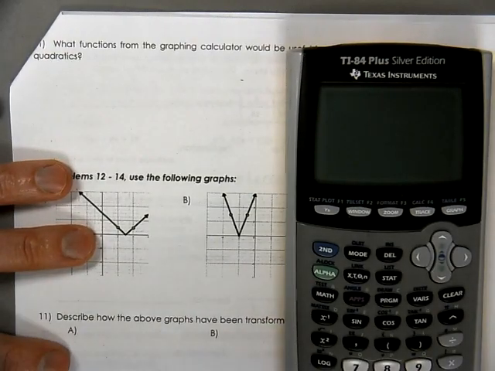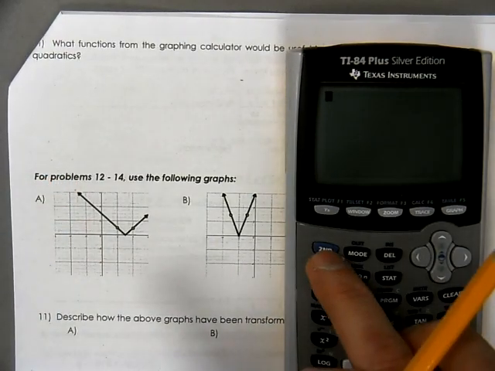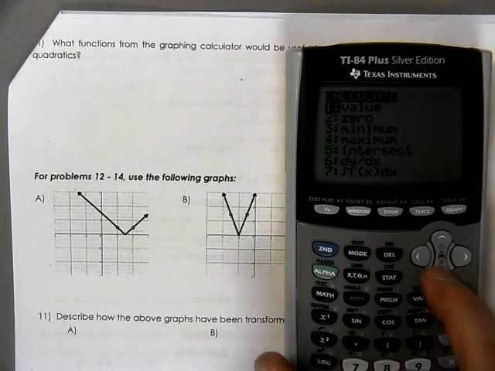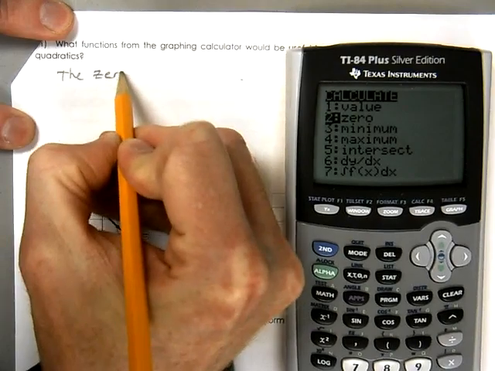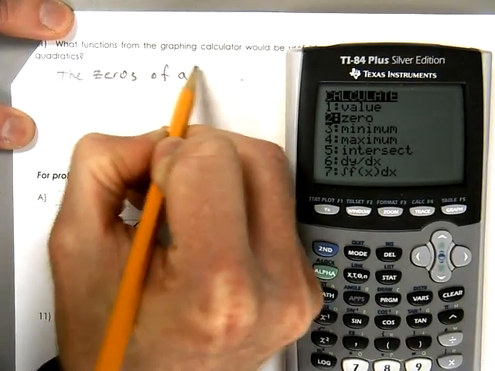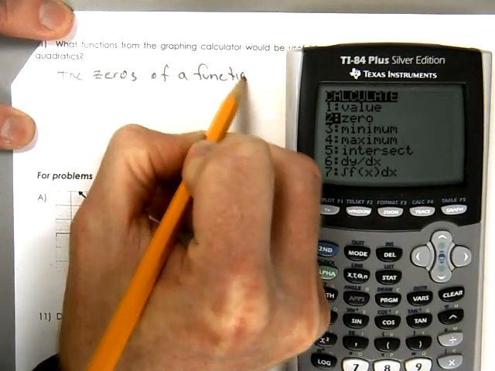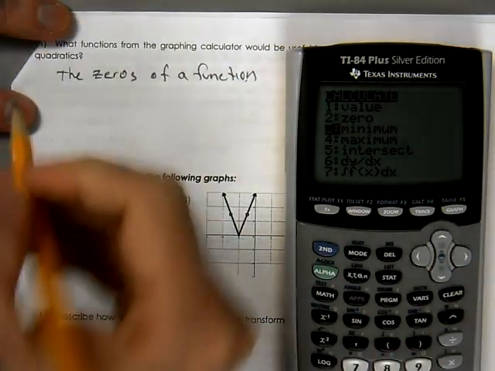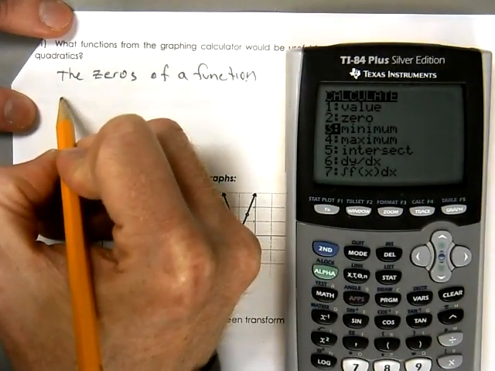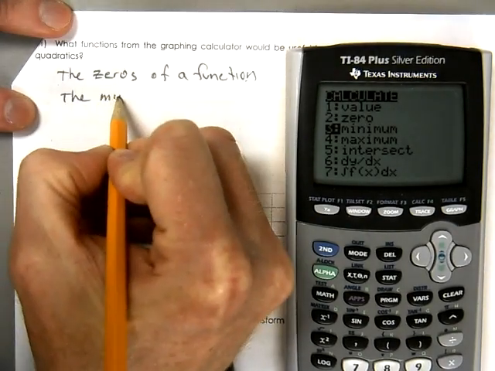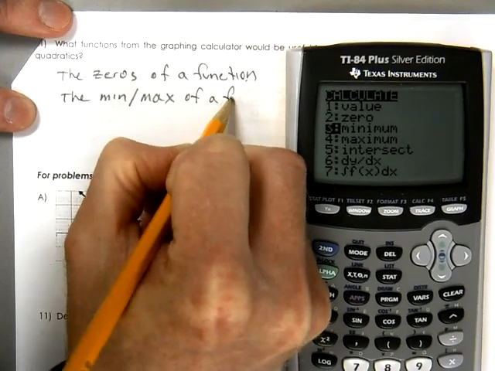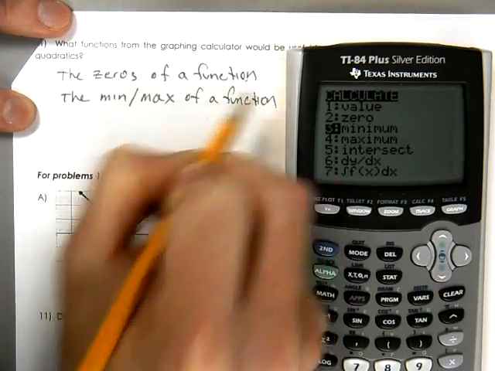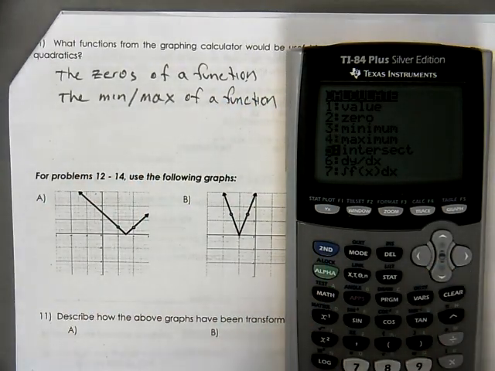With the graphing calculator, by going to second calc, we could find the zeros of a function, we could find the min or max, we could find the intersection of a line and a parabola.